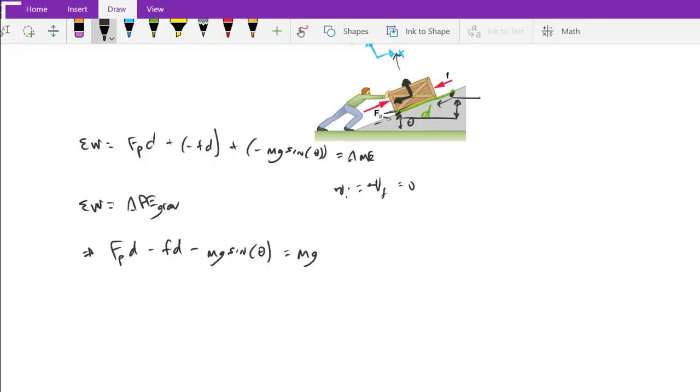It's not the distance d, but the vertical height. So just mg h. And so then we can use the work energy theorem to calculate how high it goes, or how hard he pushed, or the work done by the man, or the work done by friction, any one of these. So work energy theorem, very powerful way to solve Newton's laws and kinematic equation problems.